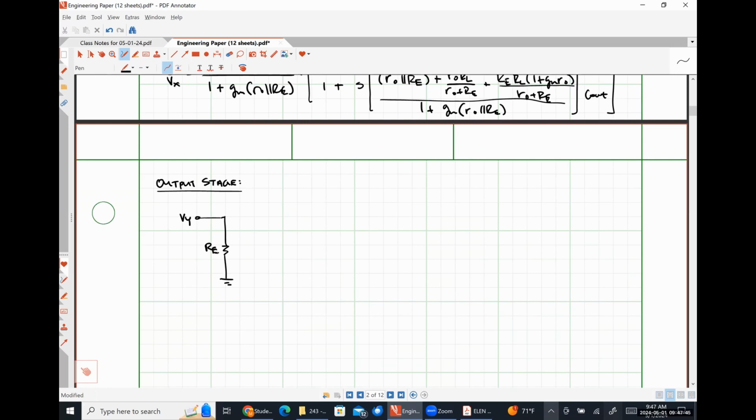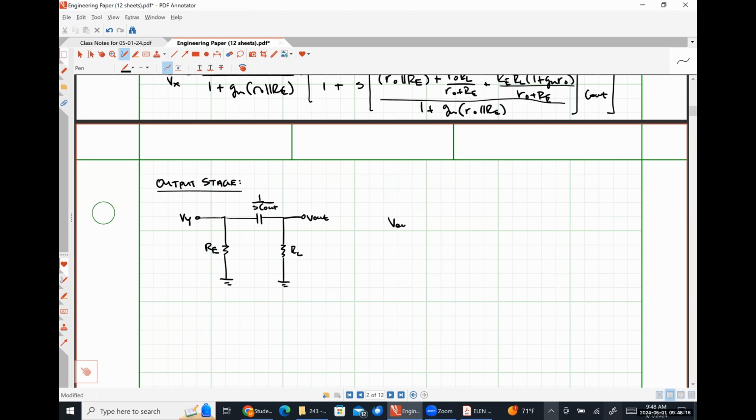Here's a resistance Re, a capacitance 1 over SC out. A resistance RL, and here's where we're taking our output voltage. This is literally the exact same voltage divider network that we have seen with all of the other output stages of our low frequency response. So it behaves exactly the same way.